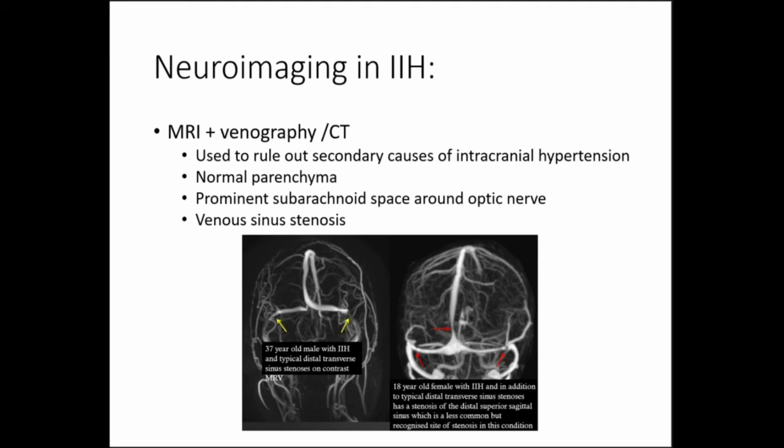However, in some patients, there may be a prominence of the subarachnoid space around the optic nerve, further associated with stenosis of the venous sinus. And so this diagram is showing distal transverse sinus stenosis, and this also shows stenosis of the distal transverse sinus. And it's thought that this occurs secondary to the raised intracranial pressure.